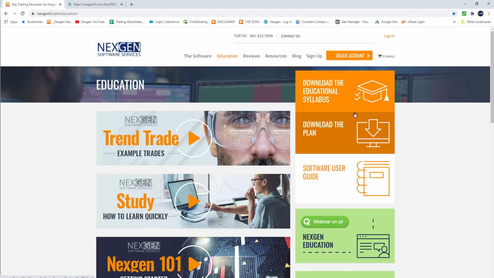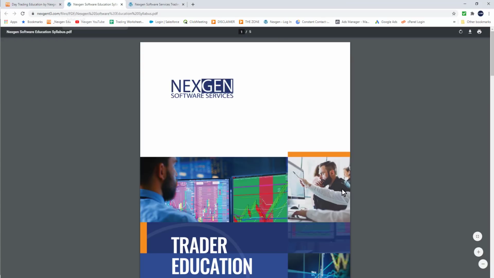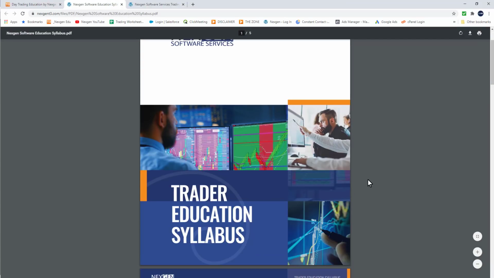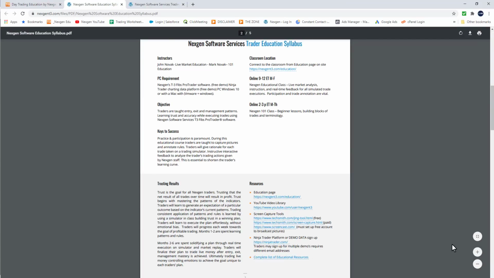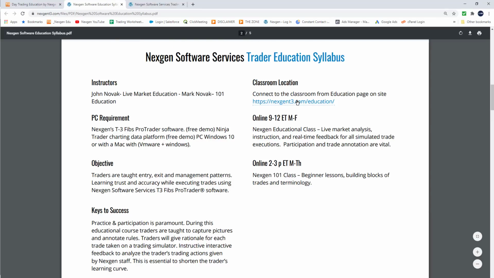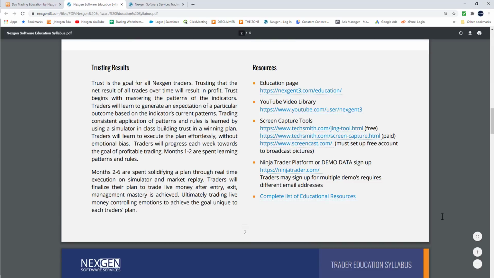The first two things we're going to contend with during this lesson are the syllabus and the trading plan. When you go through the educational syllabus, on the education page we have a resources link.